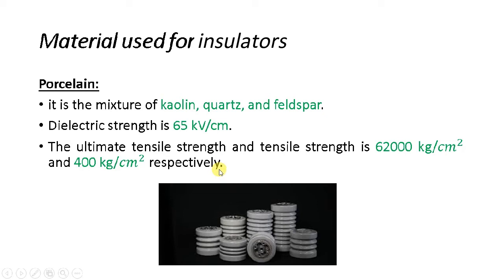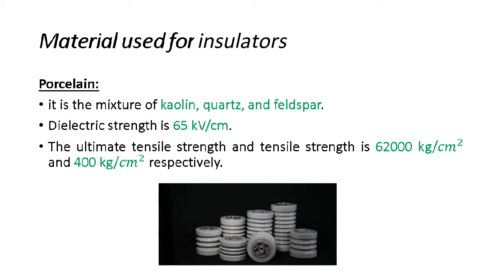Okay, so you see that your compressive strength is far greater than your tensile strength. Just make sure that in place of tensile there will be compressive strength. So porcelain can be used for the insulation in case of your overhead transmission system. Porcelain possesses all the properties that we have mentioned in previous slides, so it is widely used as insulator in case of overhead transmission system.